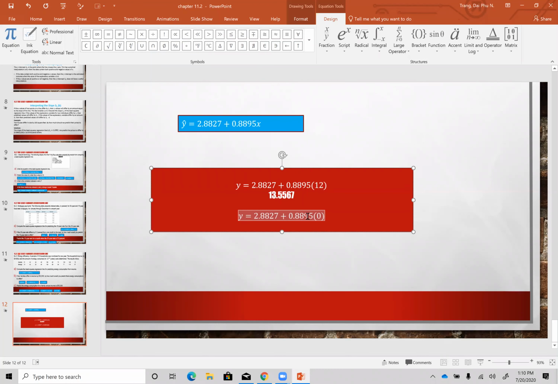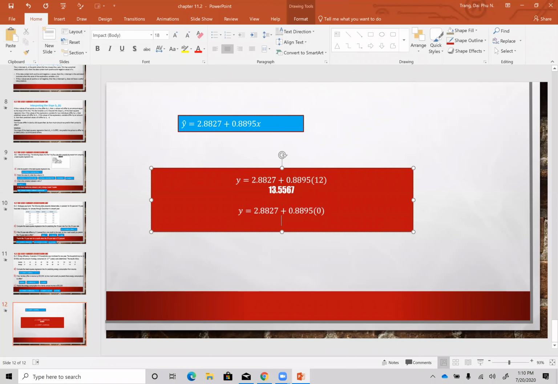If I multiply by 0, meaning the difference between the two families, let's say the first family doesn't have any income and the second family has 12,000, the difference is a 12,000 income gap. So I just say the base is 0. And now the number will be 2.8827 plus this times 0, which is just 0.